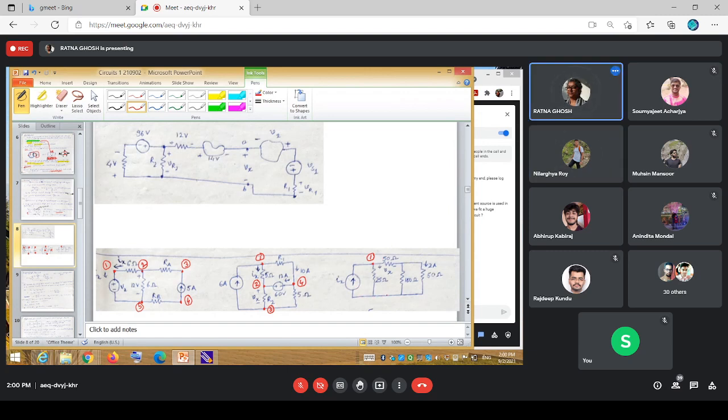And 50, 100 and another 50. Only three. So there are just these three here. And how many branches? 5. 1, 2, 3, 4, and 5, right?